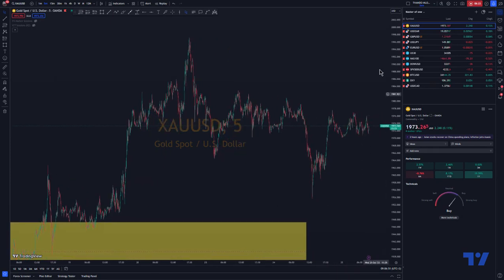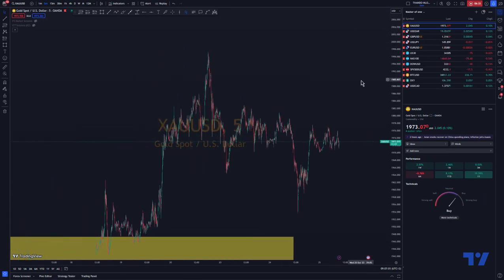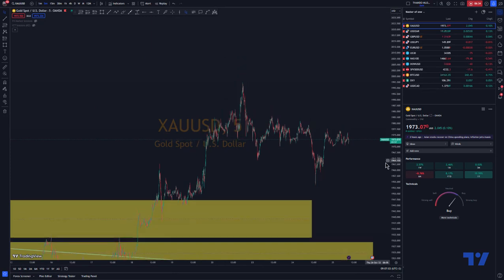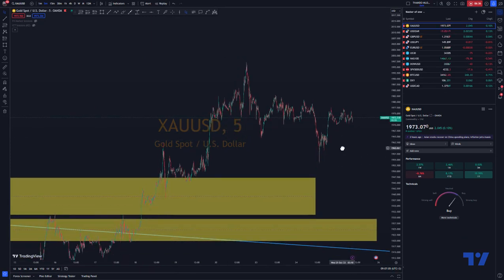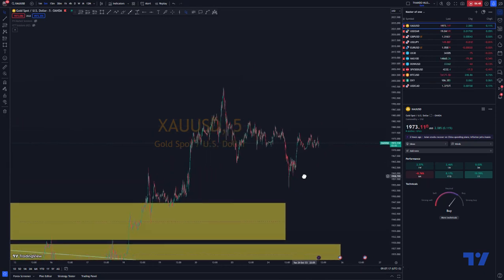We could see some bullish momentum because of the war happening in Israel and the war in Ukraine and different fundamentals pushing gold higher and higher, as most investors are moving their funds to a secure asset or commodity, which is gold. So let's be careful, and we'll see how it pans out.